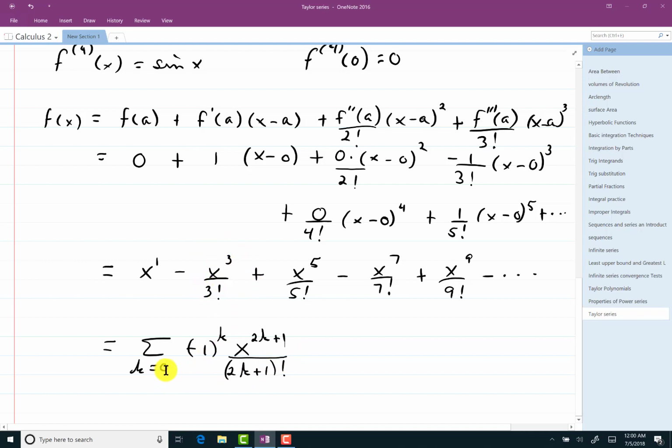When k is 2, the term will be positive, and I'll have x to the 5 over 5 factorial. So this is going to work. This right here is my Taylor series, and this represents sine of x when x is around 0.